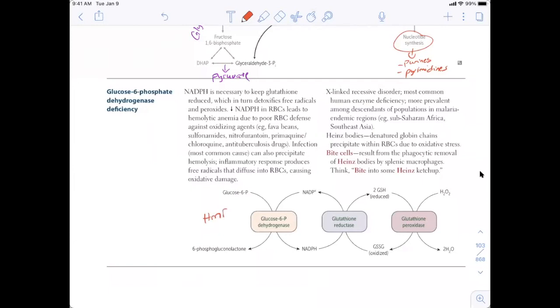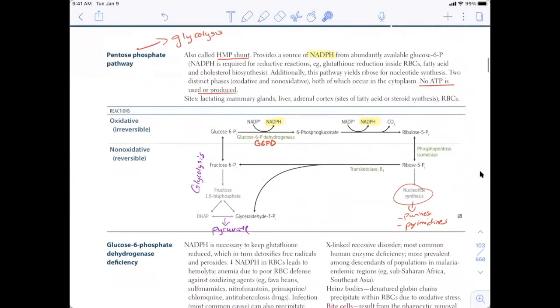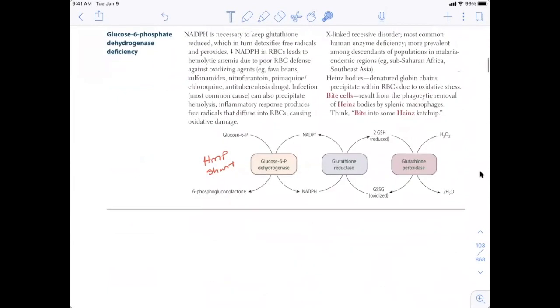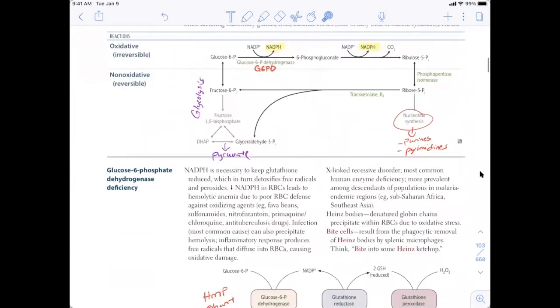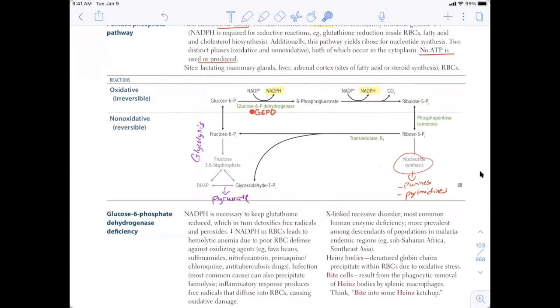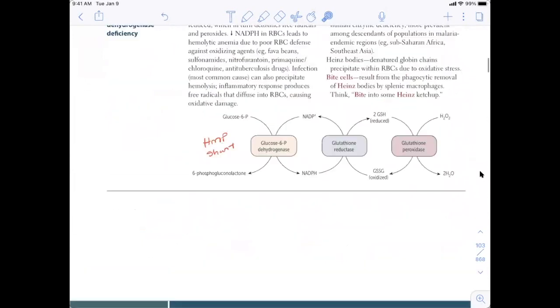We saw that the very first step of my HMP shunt is to go from glucose 6-phosphate to 6-phosphogluconolactone, and the enzyme that did that is my G6PD. Along the way of doing that, what did we make? We made NADPH, period.